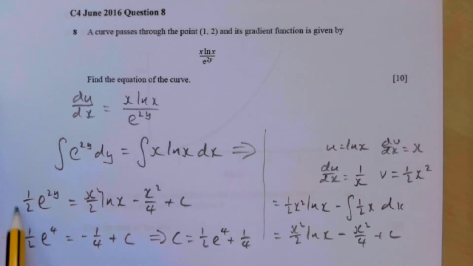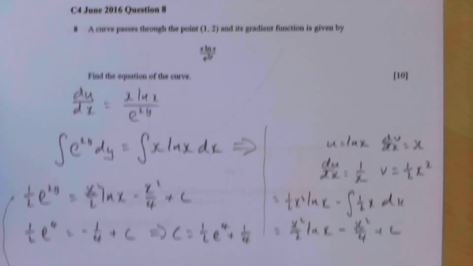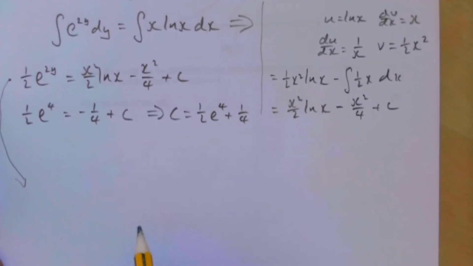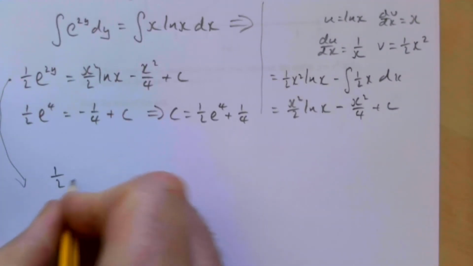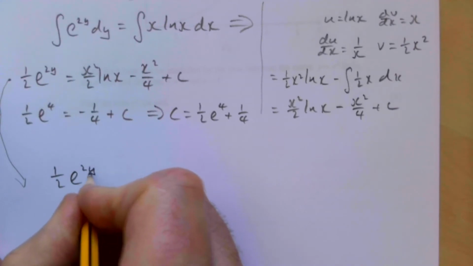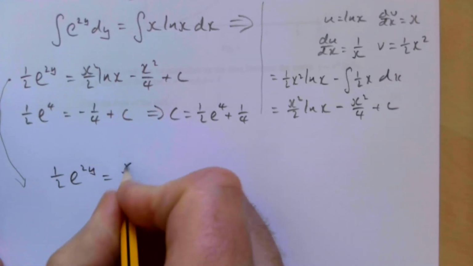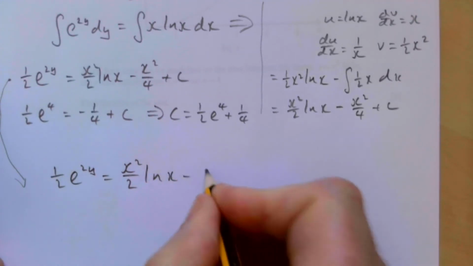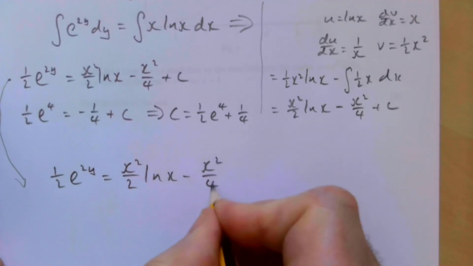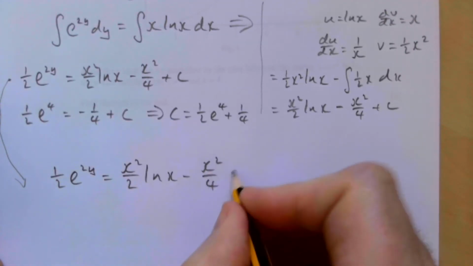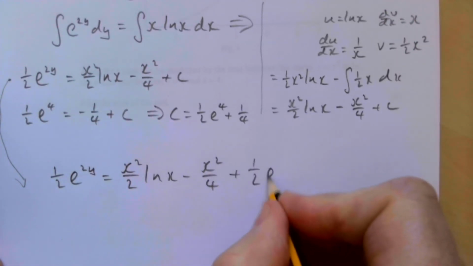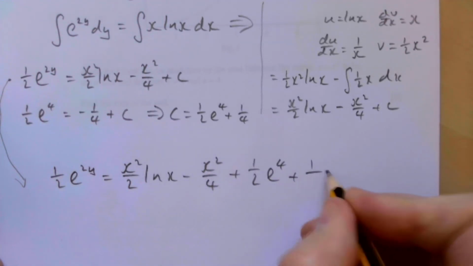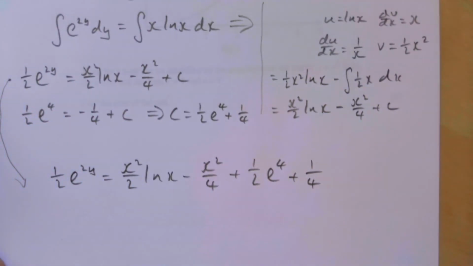That means this line here is going to become a half e to the 2y equals x squared over 2 ln x minus x squared over 4 plus a half e to the 4 plus a quarter.